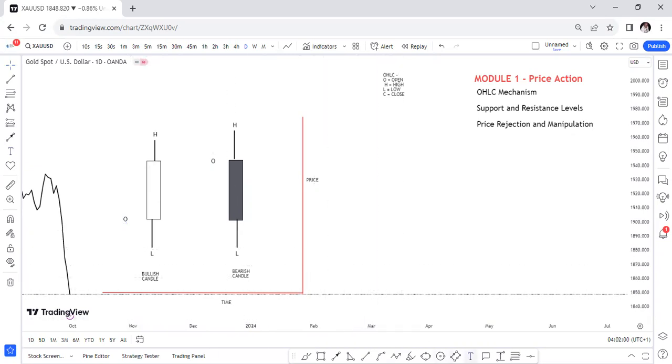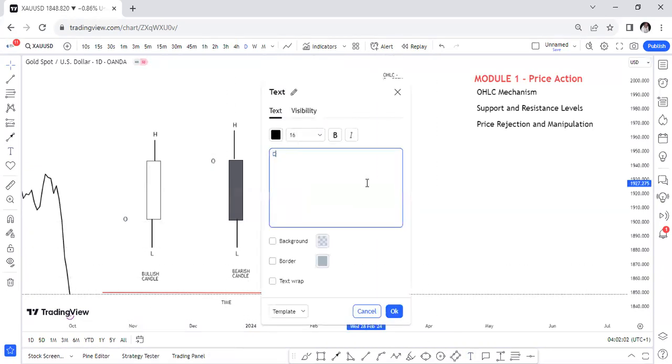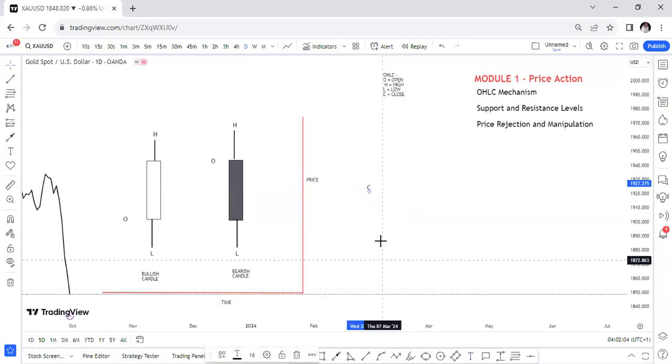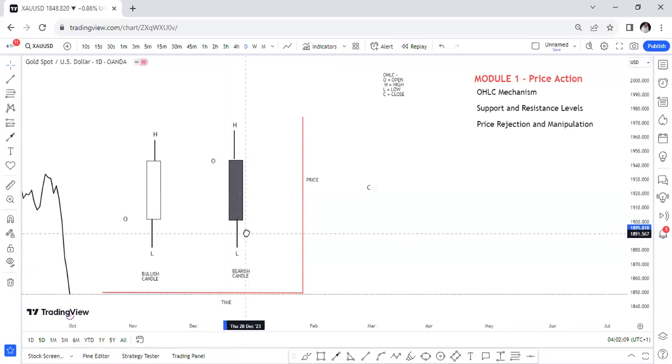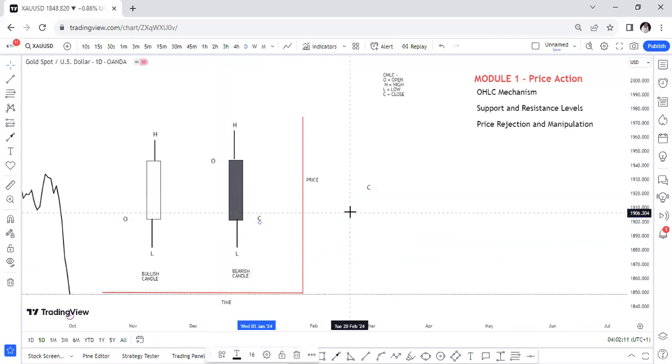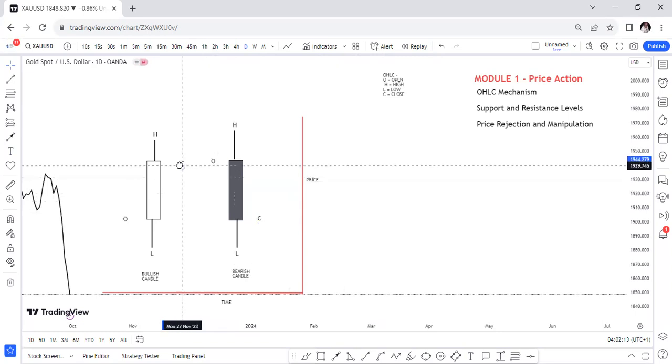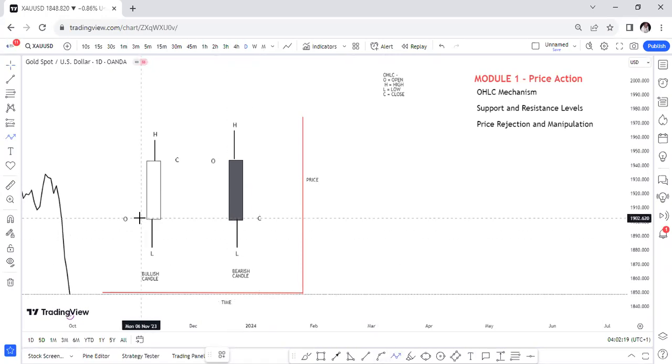Then we have the close. It closes here. So if this is your bullish candle, right?